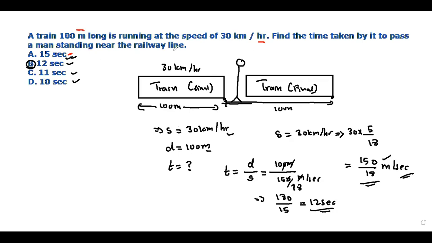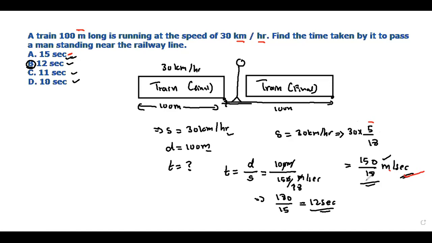Distance is given in meter, whereas speed is given in kilometer, not the same unit. So convert that kilometer into meter. To do that, you multiply the speed by 5 by 18, and you will get 150 by 18 meter per second. This is the speed, right?